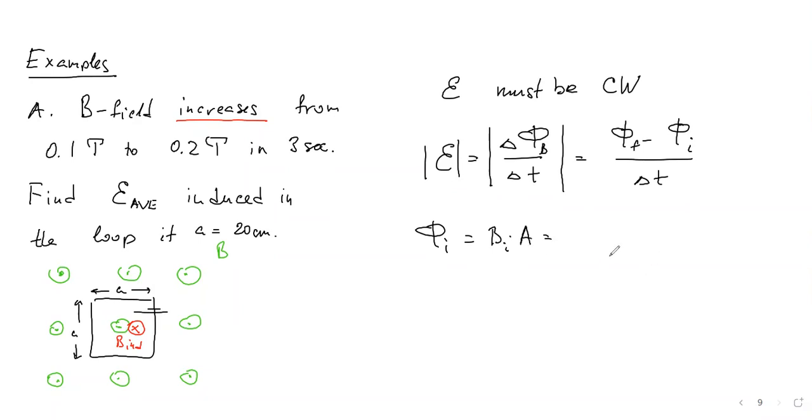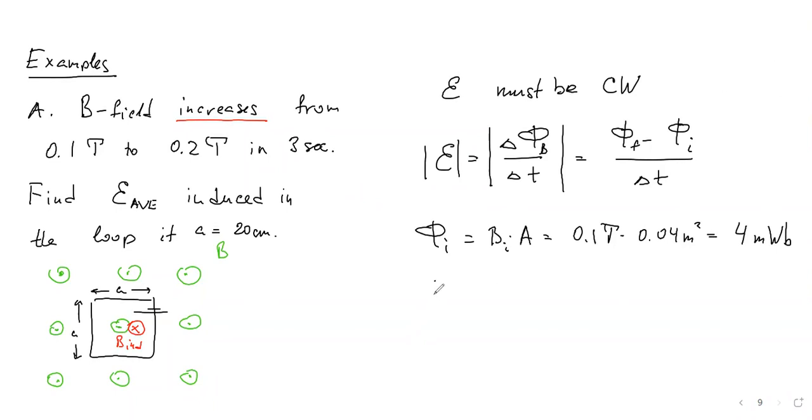The initial field is 0.1 Tesla. And the area is 0.2 multiplied by 0.2, 0.04 meter squared. Is it 4 milliweber? Yeah.